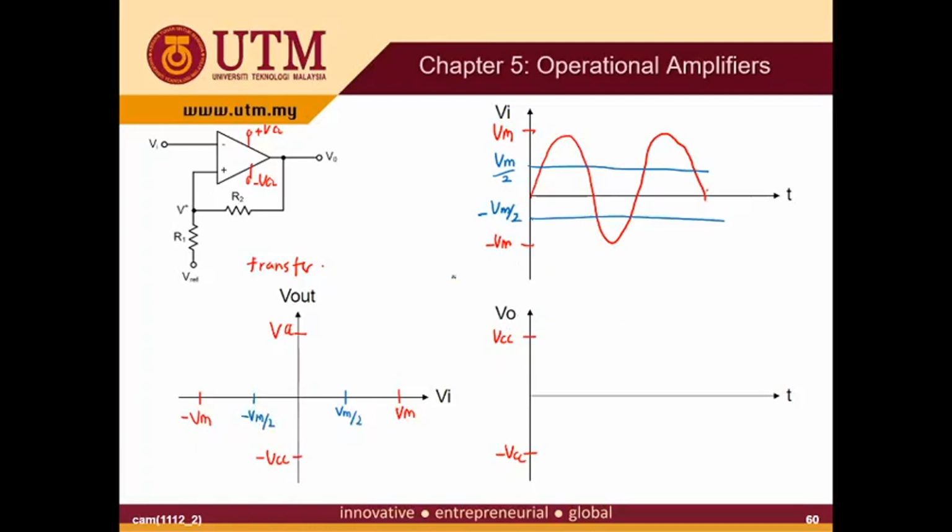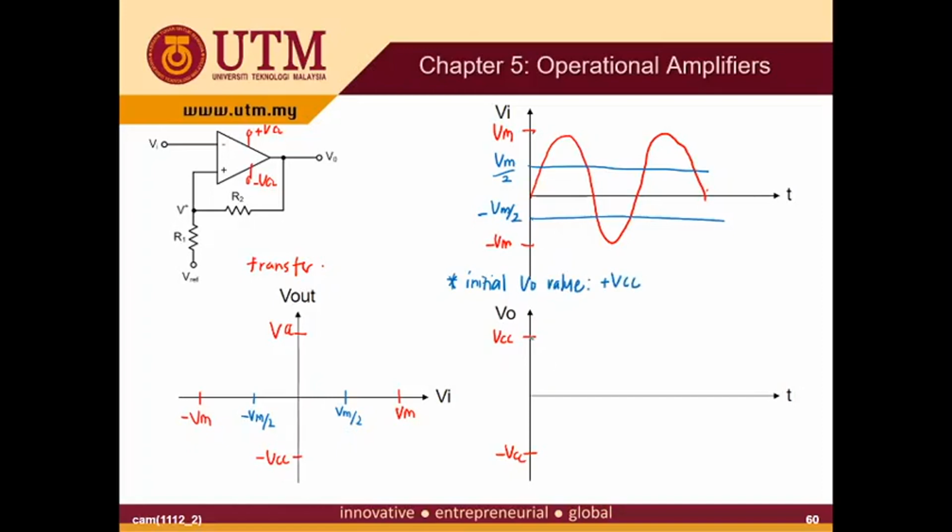To draw the output waveform, you need to be clear of the initial Vout value. So what is the initial Vout value? Let's consider when the initial Vout value is plus VCC.